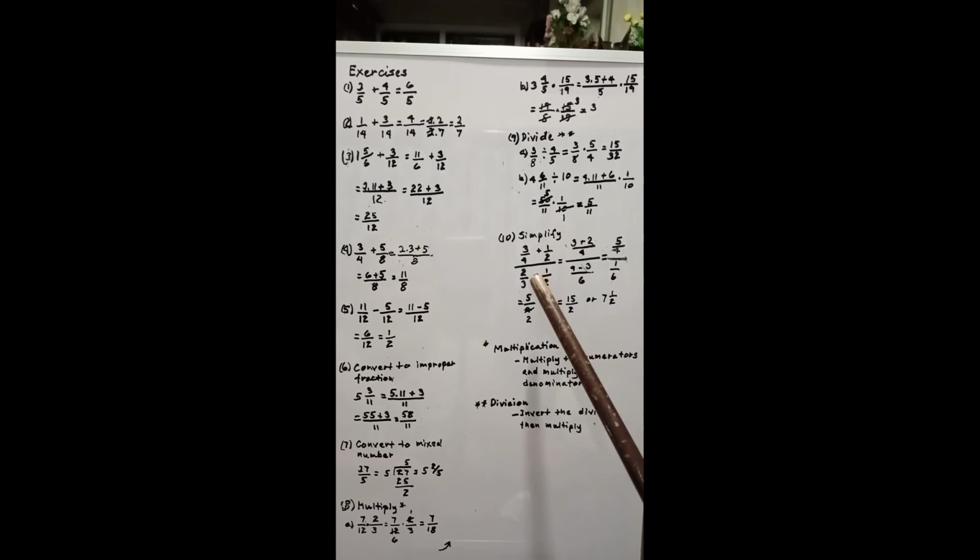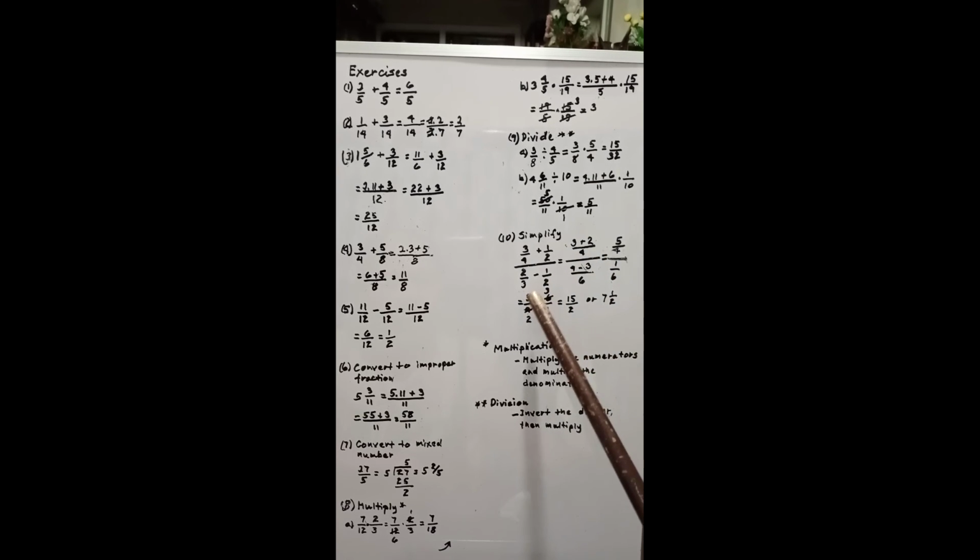Okay? So, we have to change these fractions into similar fractions so we can do the addition operations. So, the LCD here is 4. 4 divided by 4 is 1 times 3, so you have there 3. 4 divided by 2 is 2 times 1 is 2, so you have 3 plus 2 over 4.